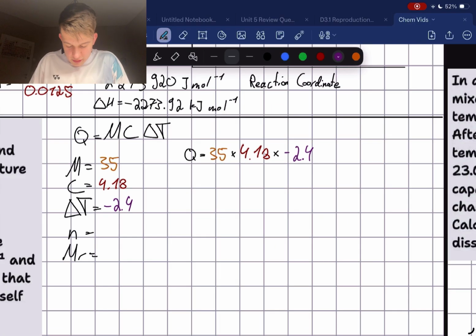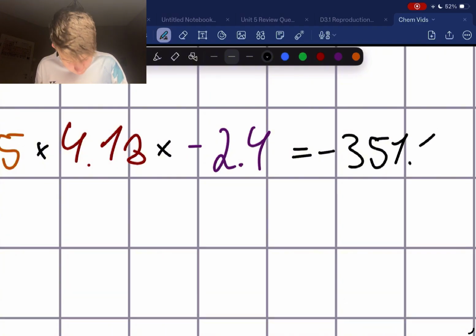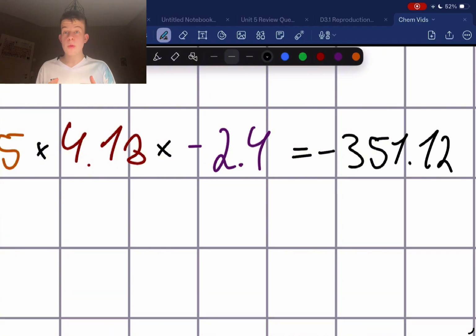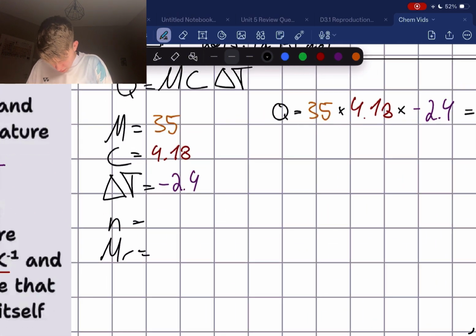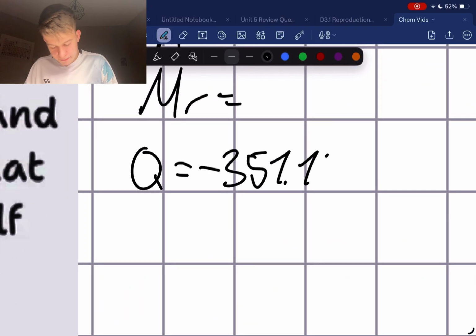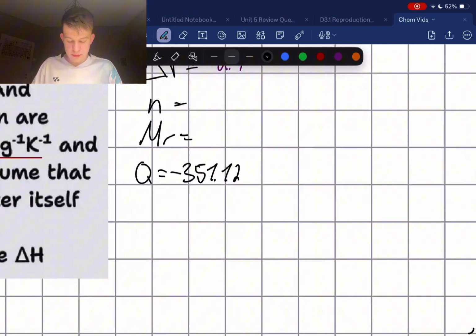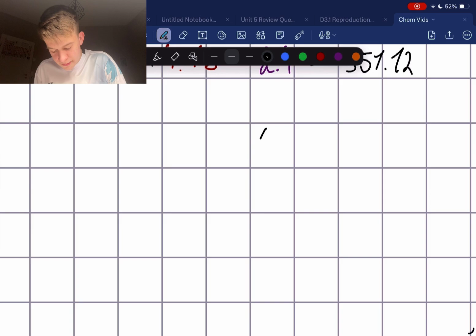That right there will give us negative 351.12. Okay, so now we have Q. So Q equals negative 351.12. Okay. And to find delta H, because we know the formula, delta H equals negative Q over N.